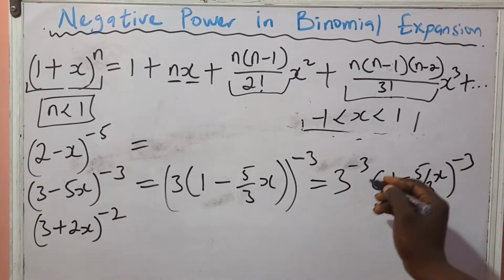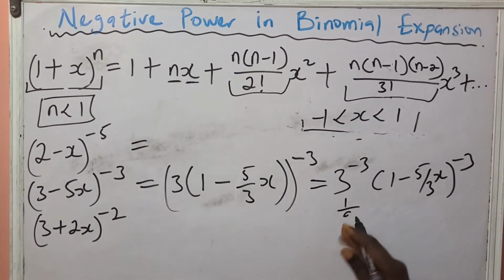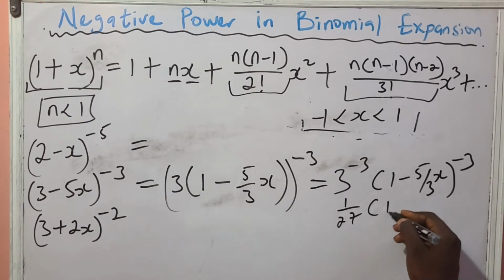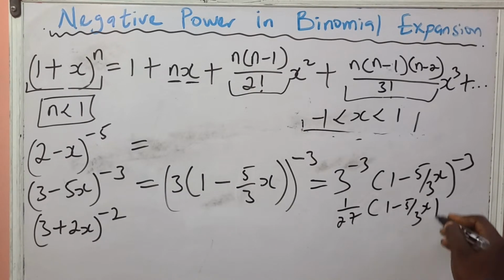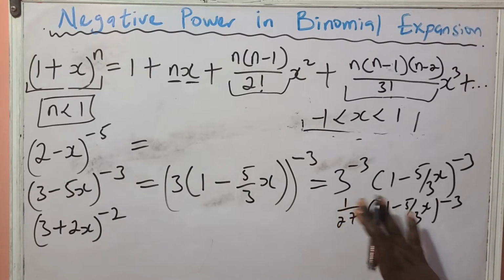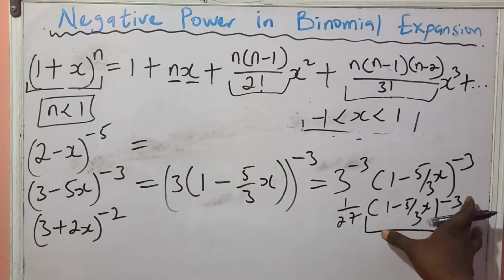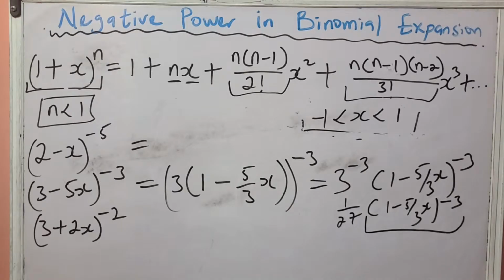Then you go on to have 1 over 27, since 3 raised to power 3 is 27. Then we have 1 minus 5 over 3x raised to power minus 3. So this is what you are going to be solving. You use this formula to solve this one, and whatever you get as the answer here, you multiply with 1 over 27. That's how simple and easy this is.